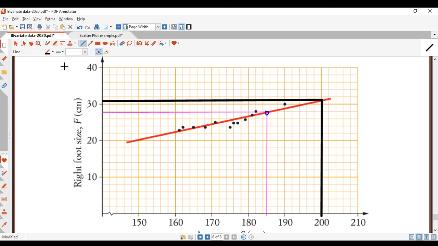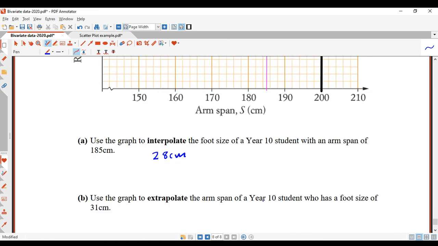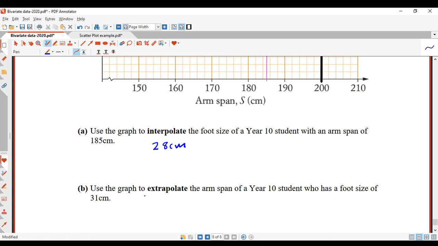That's my estimate. Now, this is extrapolation, and the reason it's extrapolation is because if you look at the point on the line of best fit that I'm reading coordinates from, this point here is beyond the plotted data points from the table. So it's beyond the range of data. So this is called extrapolation. So that's 200 centimeters for that answer.